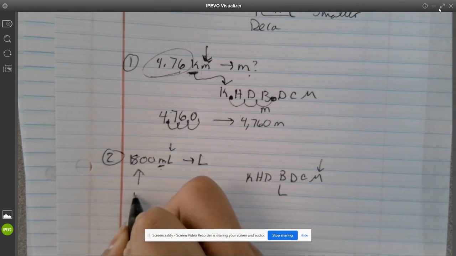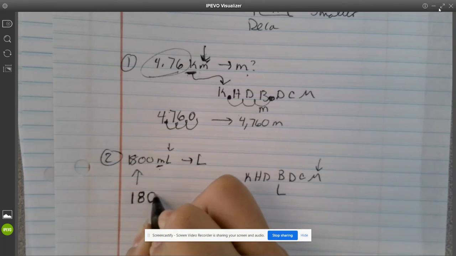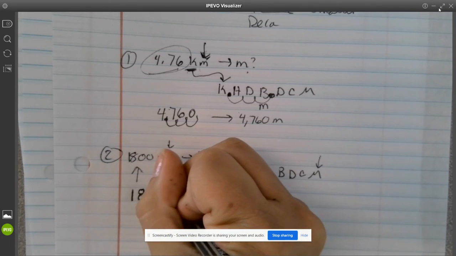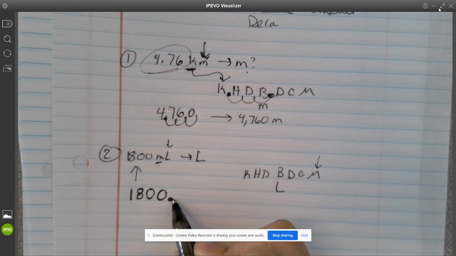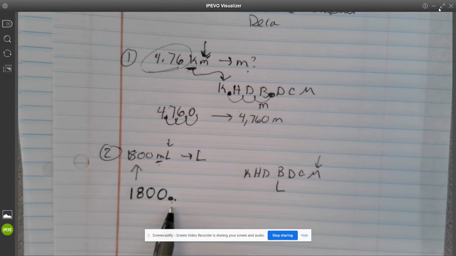Well, let me remind you of something from back in elementary school. If you have a whole number, it is automatically assumed that the decimal goes at the end of the number if one is not present. So that means your decimal for 1,800 goes right here at the end.